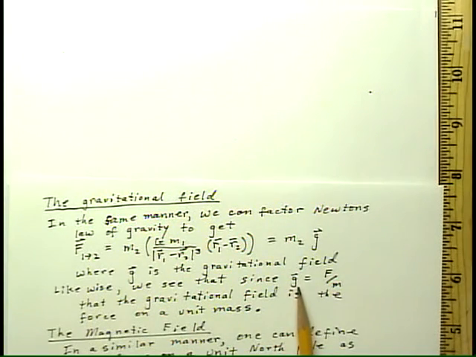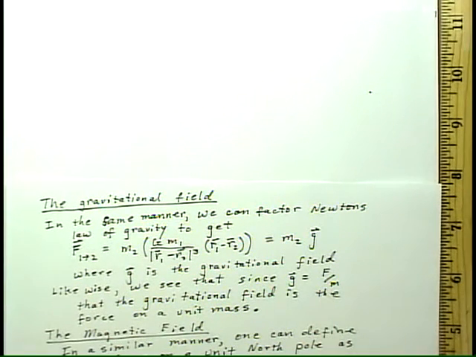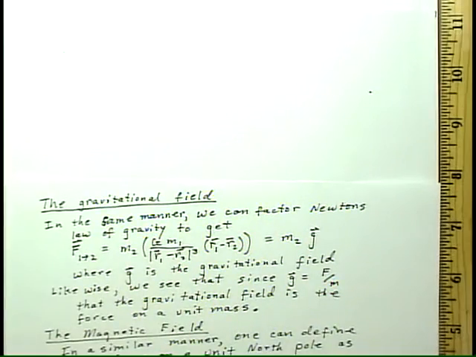Likewise, we see that the gravitational field is the force on a unit mass, force per mass, and so anytime you want to find the gravitational field at a point, you simply take a unit mass, which as we know is 1 kilogram, place it at that point, look at the magnitude and the direction of that force in newtons, and you will have the actual gravitational field at that point.